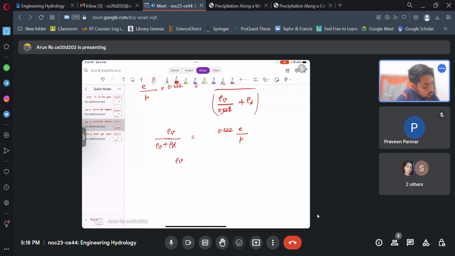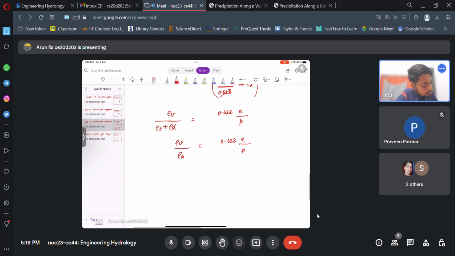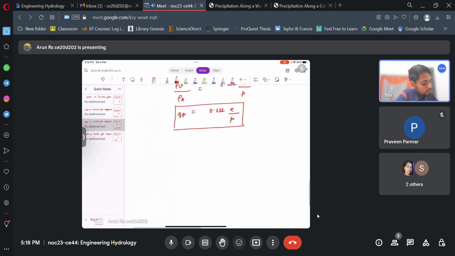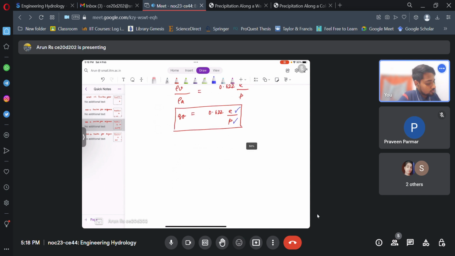So this put together is 0.622 into E divided by P, and your specific humidity has an expression 0.622 E by P. So we know what is the vapor pressure and we know what is the total pressure that is given.